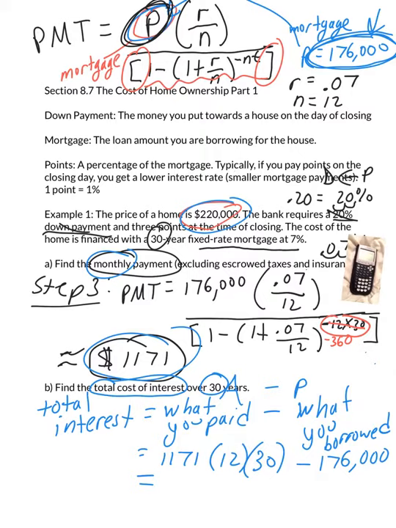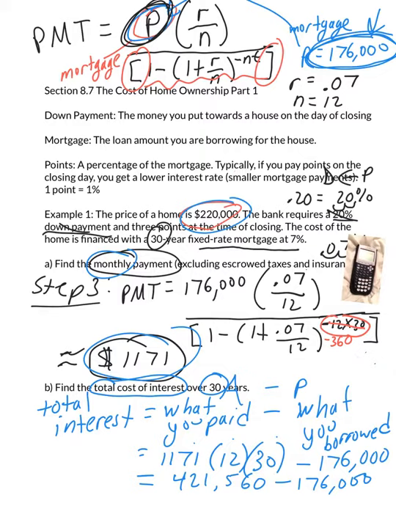So multiplying that out, 1171 times 12 times 30. You want to have your calculator handy as usual. And you should be getting 421,560. We still have to subtract the 176,000 though from that.